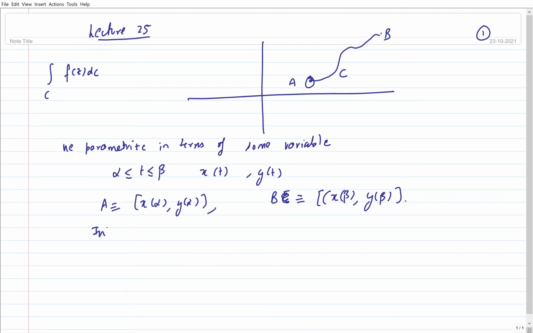And in general, the integral of f(z) dz, we can write in terms of the way we have parameterized it.